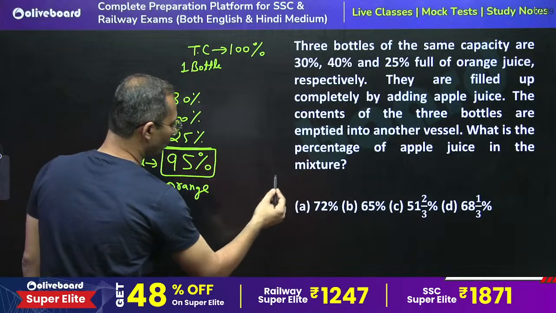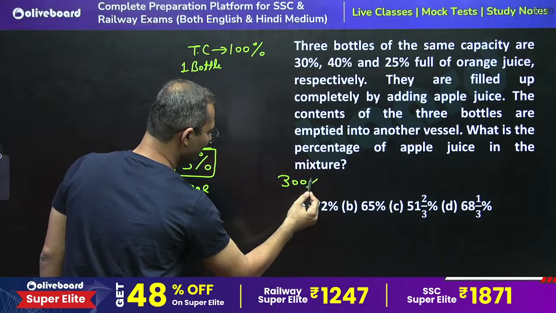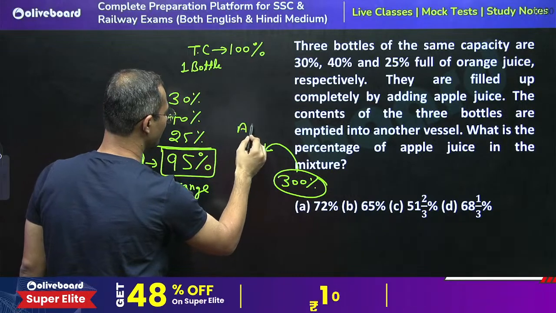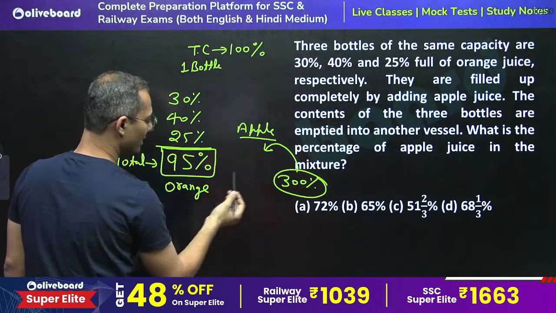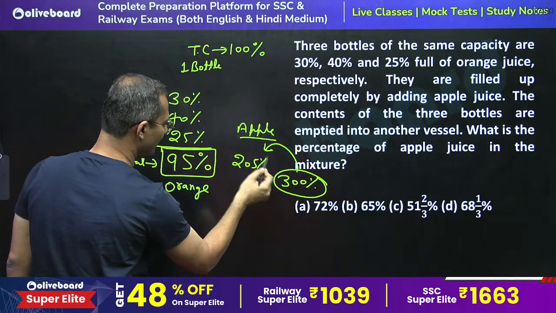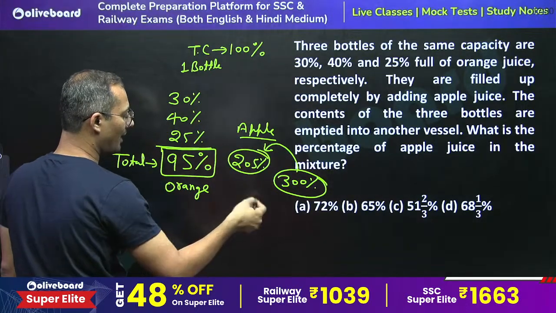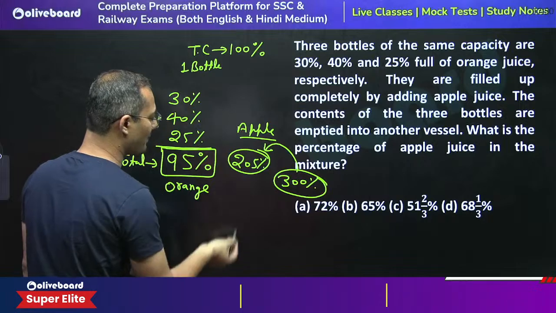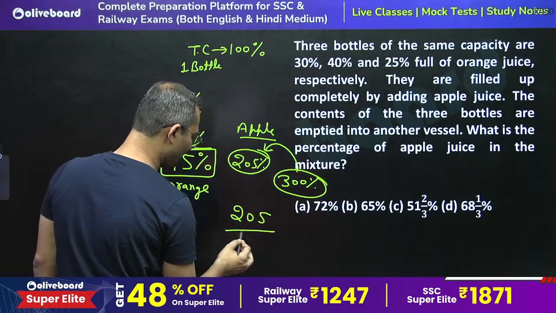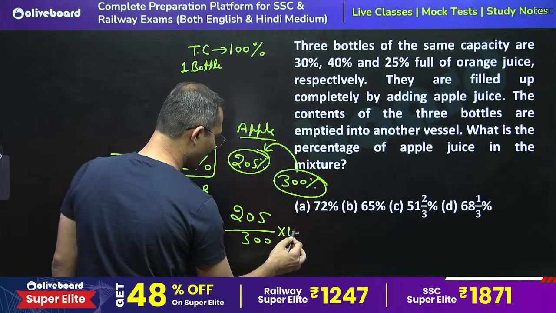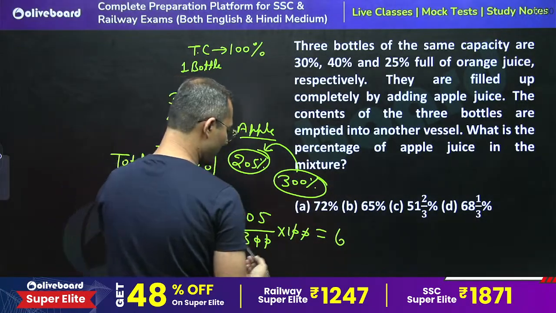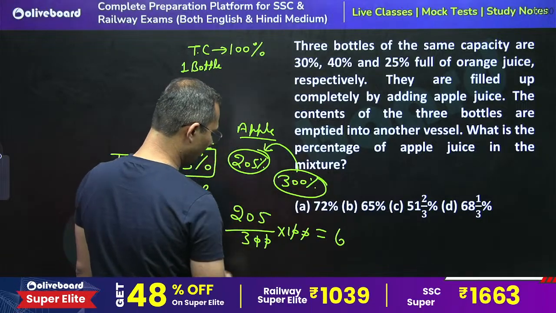Total bottle 100, so we can say that 300. Out of 300, whatever quantity is left is going to be apple juice, right? So 300 minus 95, so 205% is apple juice. The question is asking apple juice is what percent of the total? Simply 205 divided by 300 into 100. 3 6 is 18, how much is left? 2.